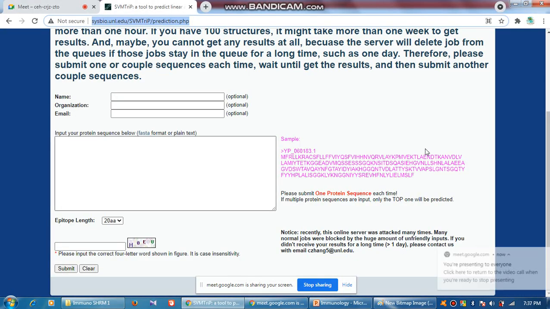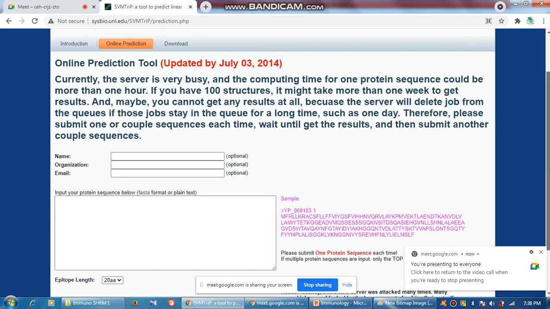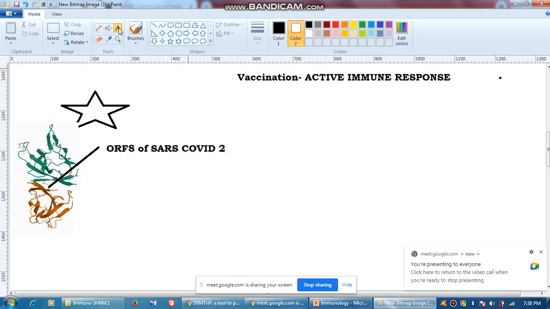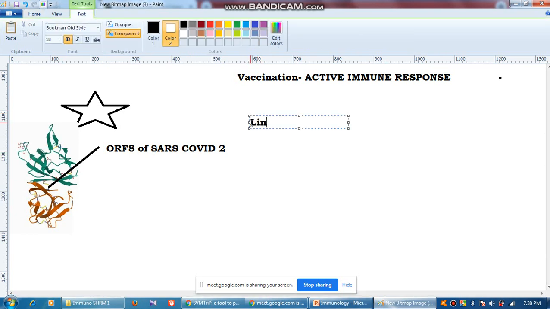So this is your tool. Now this tool predicts the linear antigenic epitopes. So the linear antigenic epitope is what we should understand.